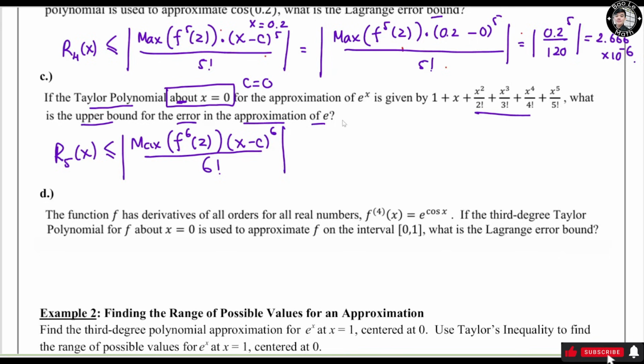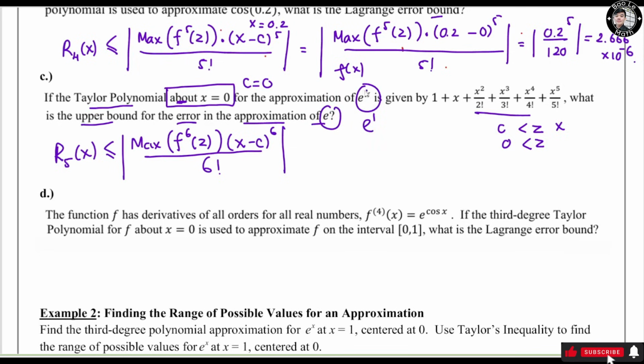Now the function f(s) is e to the s right here. So if you take the sixth derivative, it's still e to the s. And you know that the value of z is between c and s. C equals 0 is less than z, and s equals 1 right here, so e to the power 1.